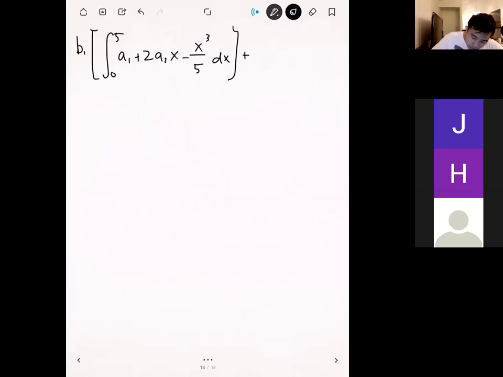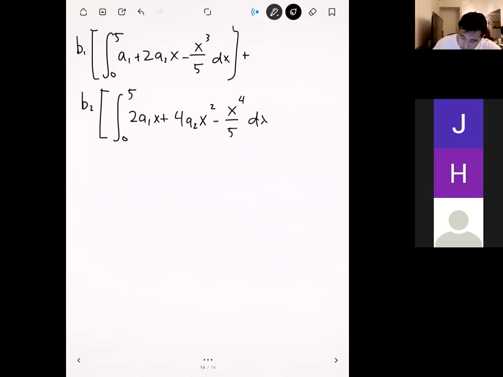Okay, so then if we combine them, we get the following. We get B1 times the quantity, integral from 0 to 5, A1 plus 2A2x minus x cubed over 5 dx, plus B2 times the integral from 0 to 5, 2A1x plus 4A2x squared minus x to the 4th over 5 dx.